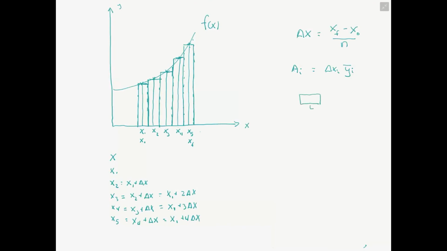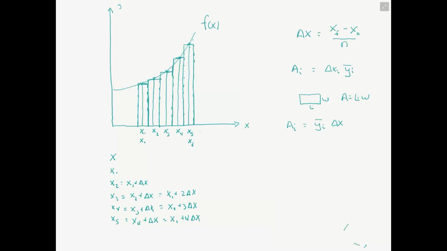Now the area, remember, area of a rectangle is simple. It's length times width. So area equals L times W. And in this case, it's y i average, A i equals y i average times delta x.